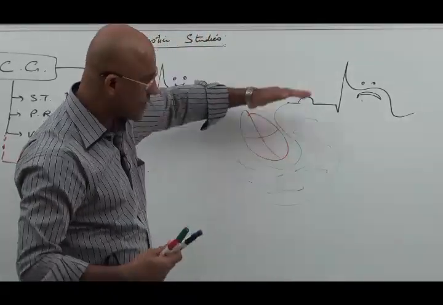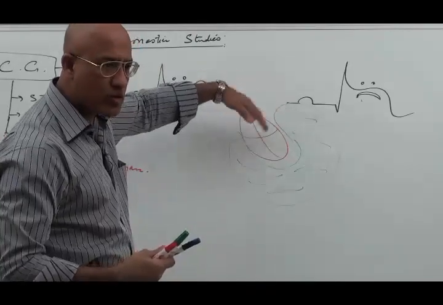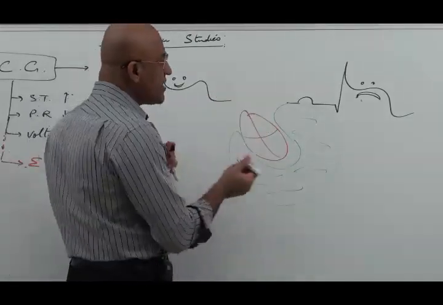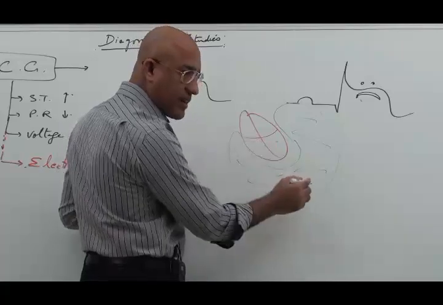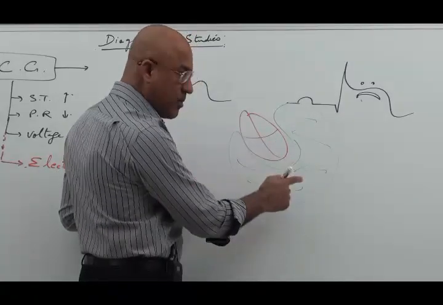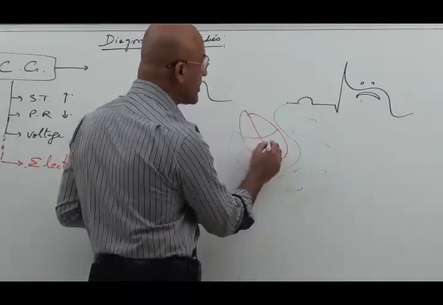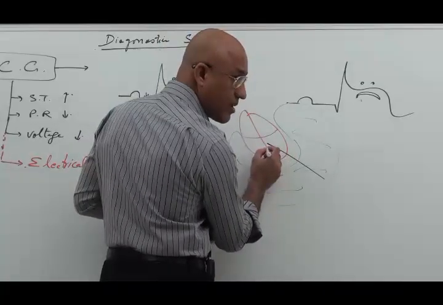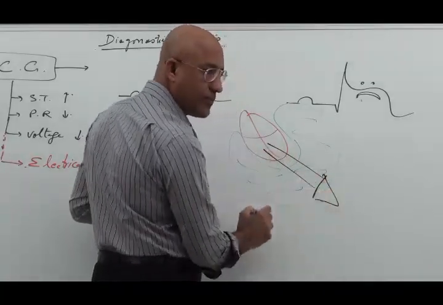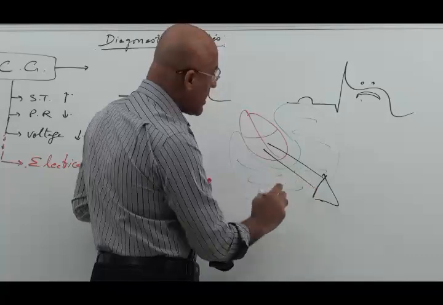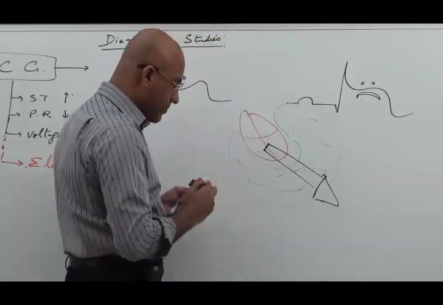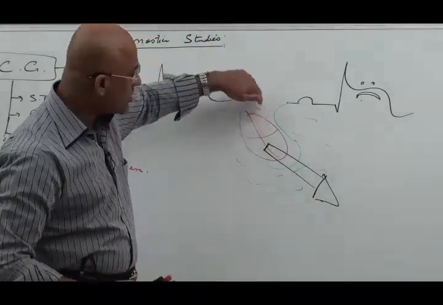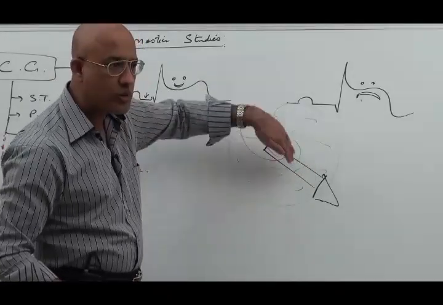Now the heart is moving like this. Normally, the major ventricular depolarization vector is directed downward, leftward, and backward. Is that right? Yes.